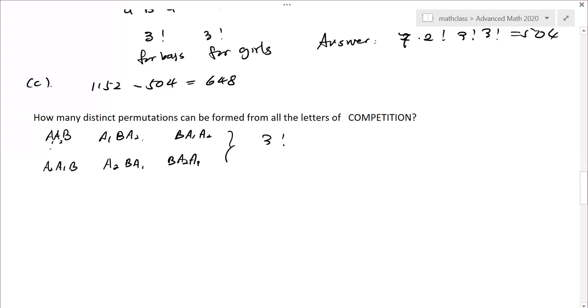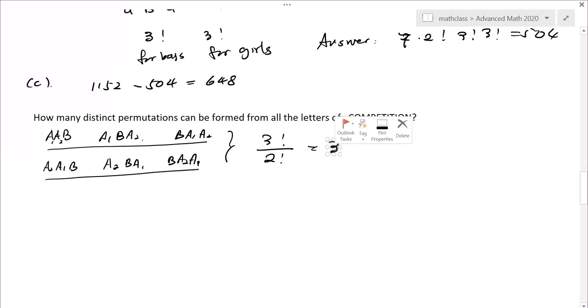However, after you remove the subindex 1, 2, only the first row will give you 3 different permutations. The second row is actually identical to the first row after you remove the subindex. That's why you divide by 2 factorial, you have 2 groups here.